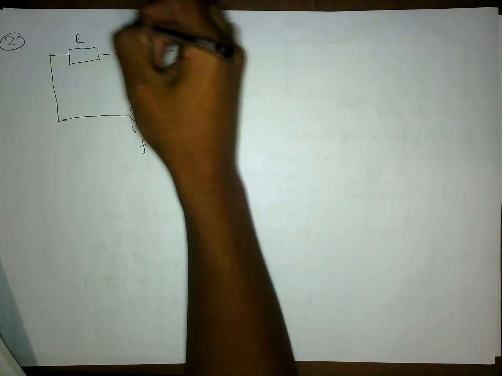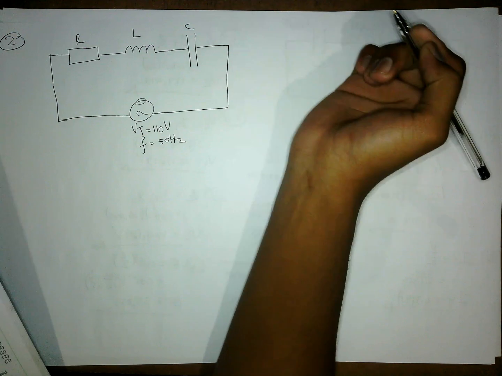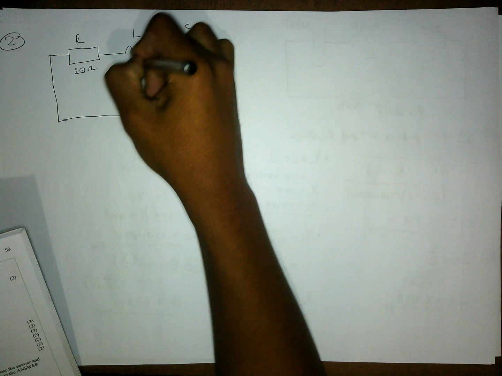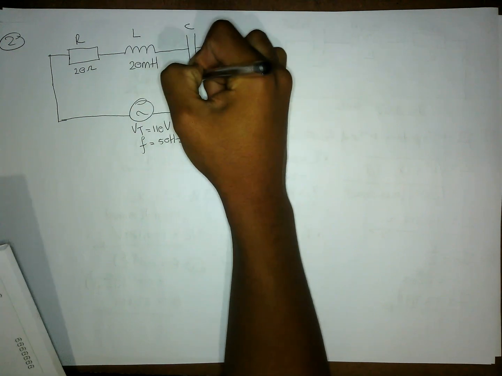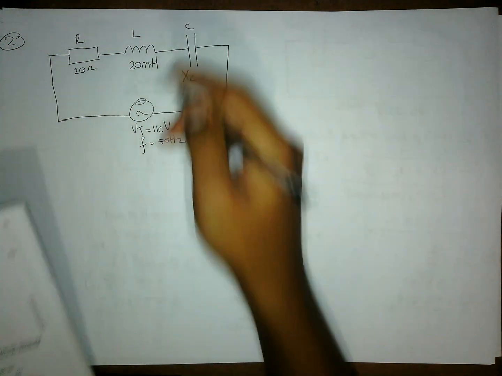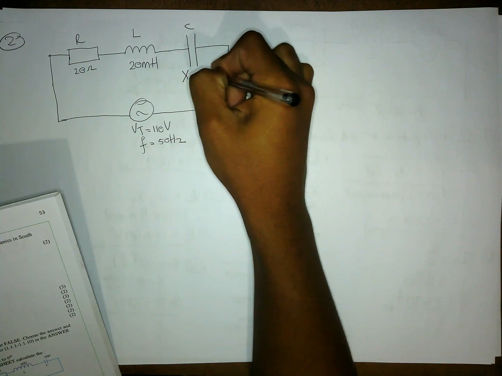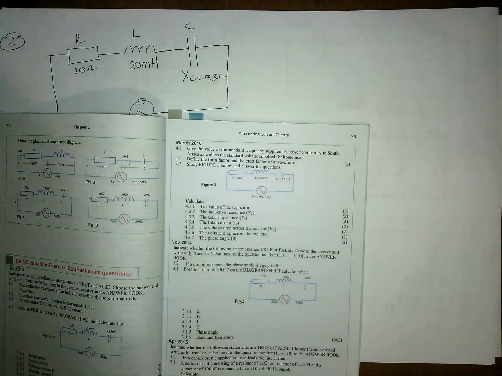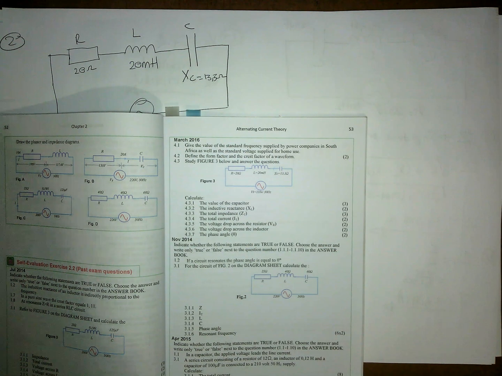We have our resistor, our inductor, and our capacitor. Our resistor's value is 20 ohms. Our inductor's value is 20 millihenry. Our XC value, we are given this. Our XC value is 13,3 ohms. This is the question over here. Read through everything.